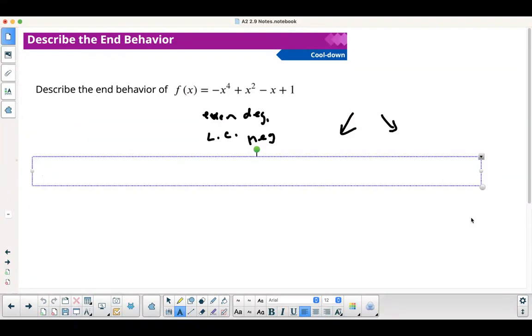Instead of saying as the inputs get larger and larger in the negative direction, I'm going to say inputs get larger and larger in the negative and positive direction. Okay, so I combine that there.